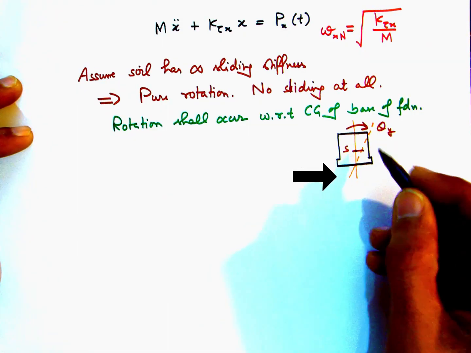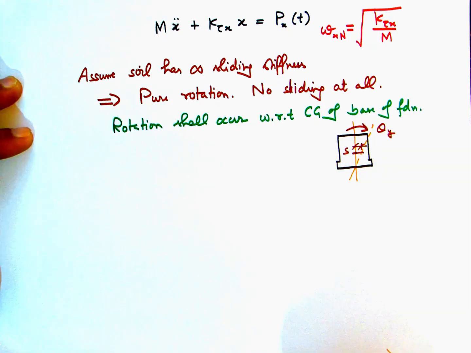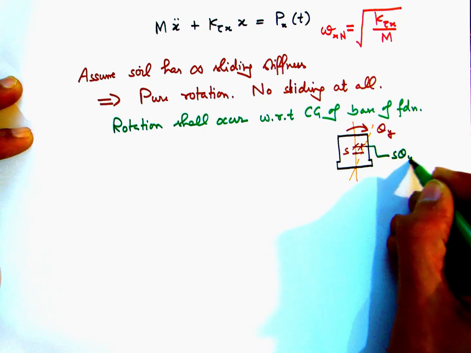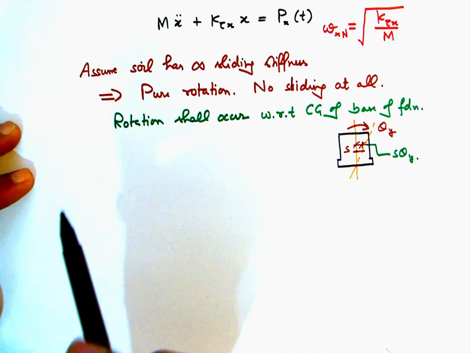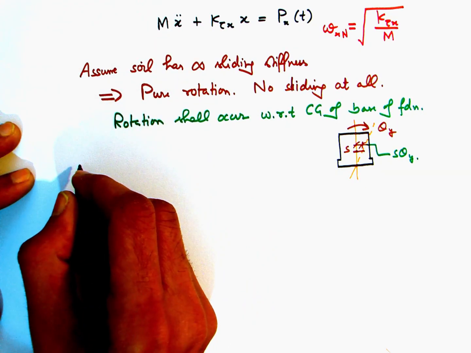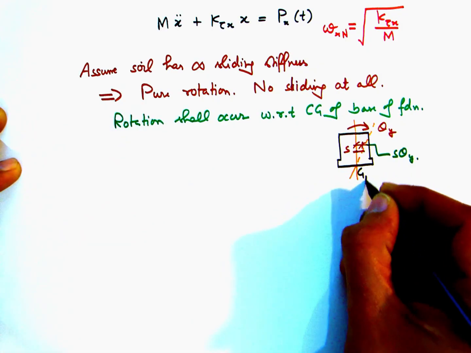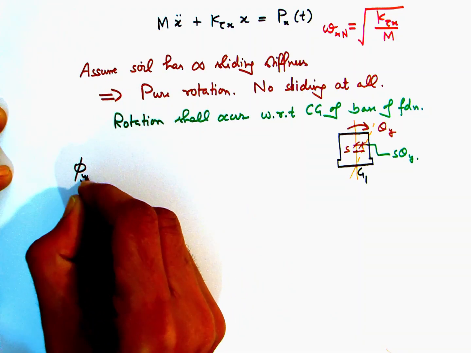As pointed out earlier, S is the height of the overall CG from the base of the foundation. So when the foundation undergoes a rotation theta y about the base, the CG gets drifted to the right by a distance s theta y as shown here. We shall use a symbol G1 to indicate the CG of the base of the foundation system.